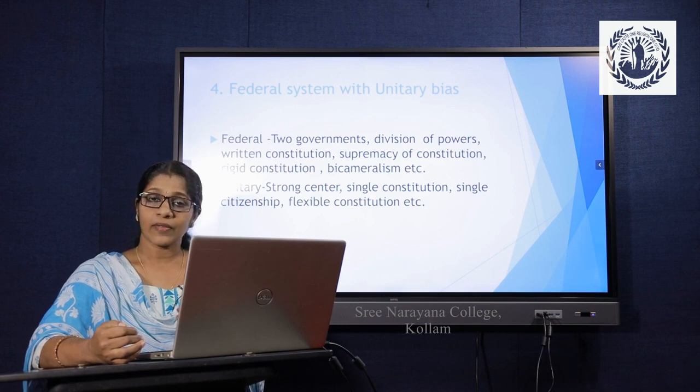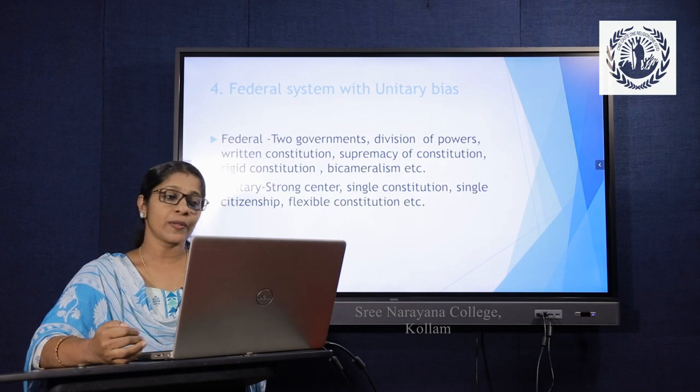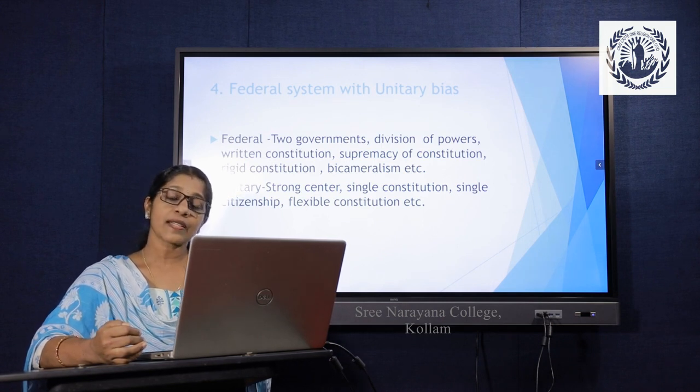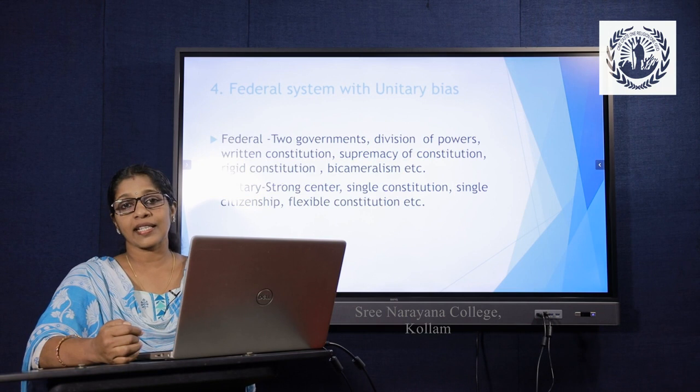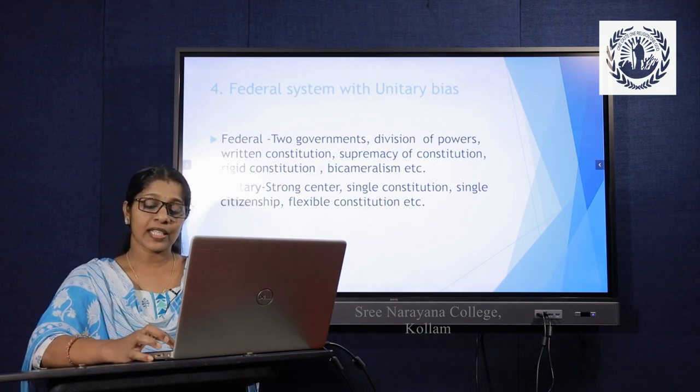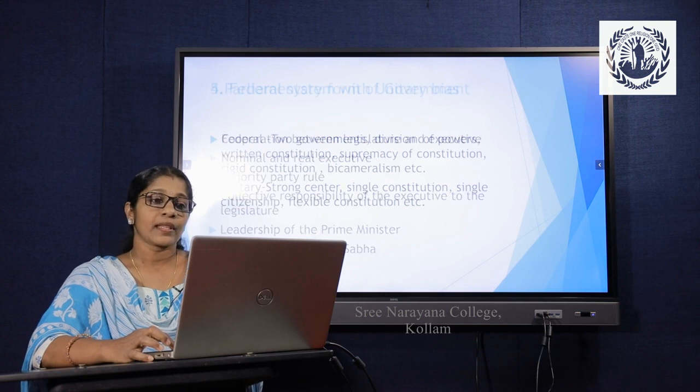In Article 1, it says that India is a union of states. So our constitution is a unitary constitution also. Some of the unitary features of our constitution are strong center, single constitution, single citizenship, flexible constitution, etc.